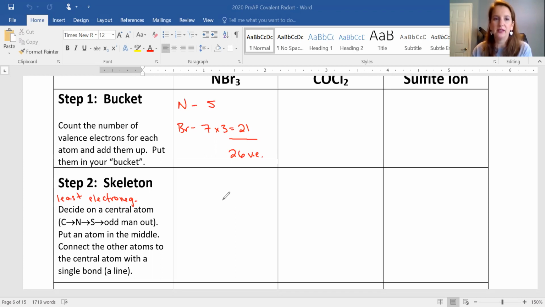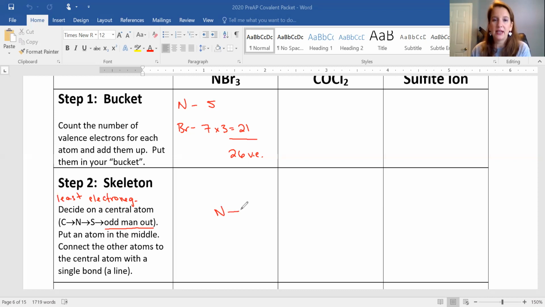It can only have 2 valence electrons. Everything else can have and should have up to 8 valence electrons. The odd man out is also a good rule to follow. If you only have one of something, chances are that's going to go in the middle. So in NBr3, N is going to go in the middle.